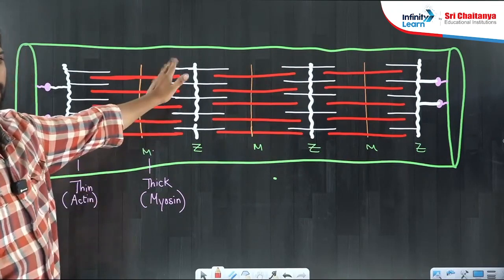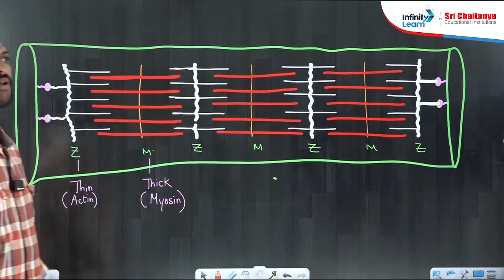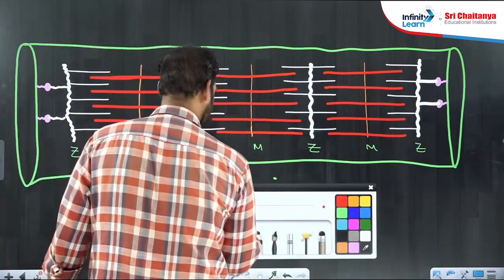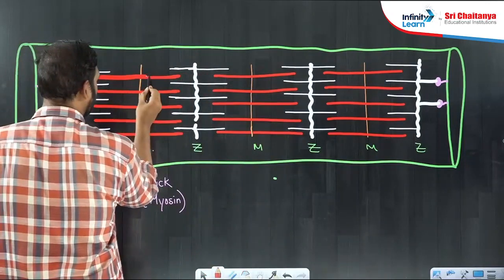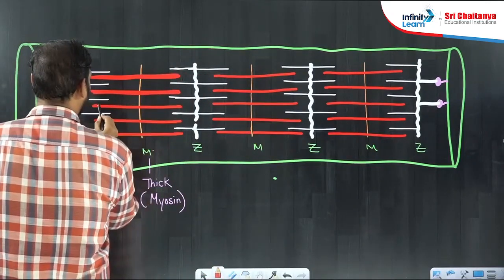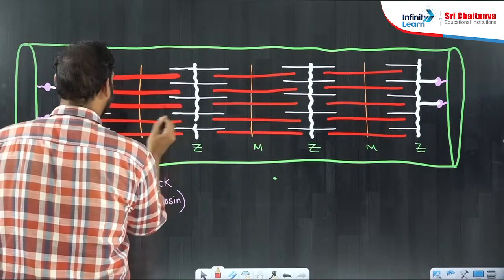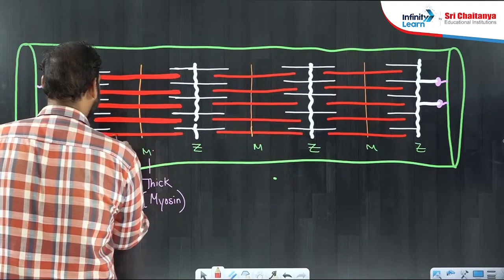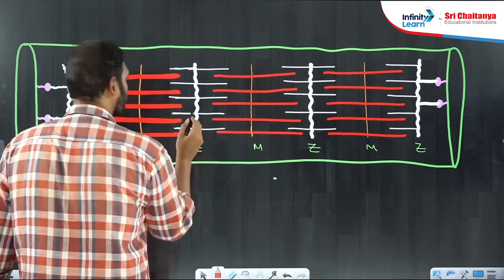Could you see this? Is the picture clear, guys? We can make it a bit thicker also if you want. You need to understand structural aspects before you can learn about their physiological aspects. That was more important.